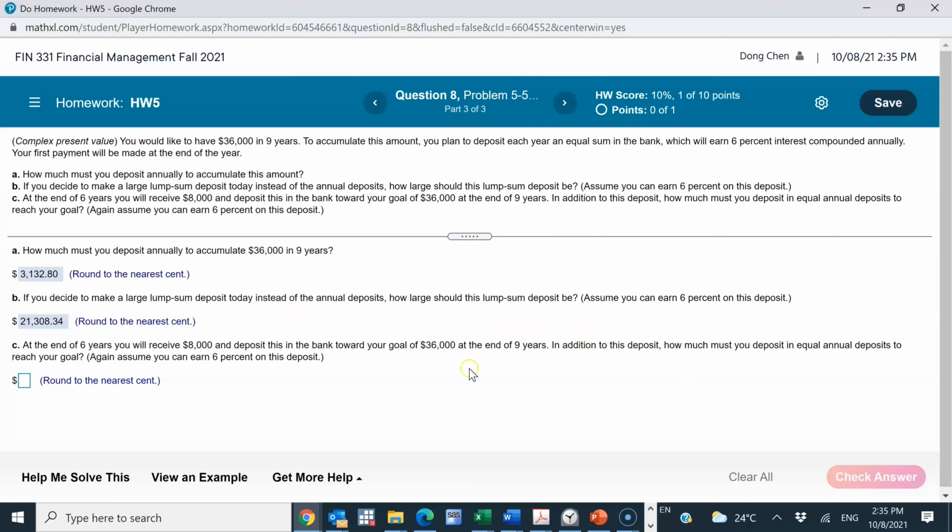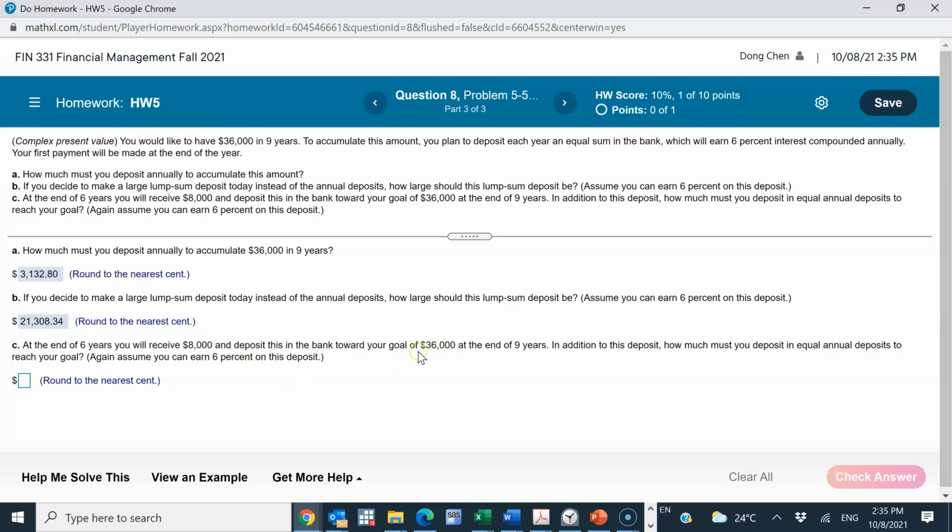But what's different for this part of the question is that now we have a sort of twist, right? By the end of the 6 years, we have some additional money that we can deposit, and we can also receive the interest on that deposit toward our goal of having $36,000 by the end of the 9th year.